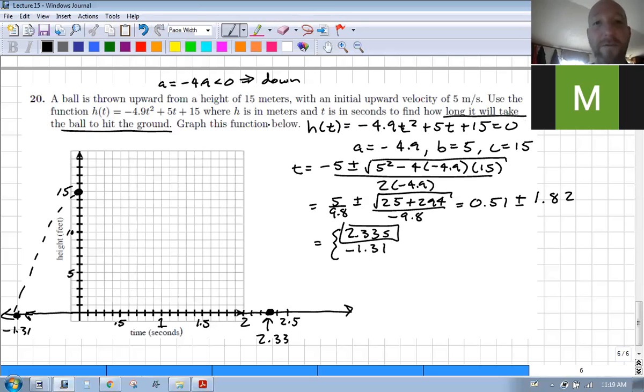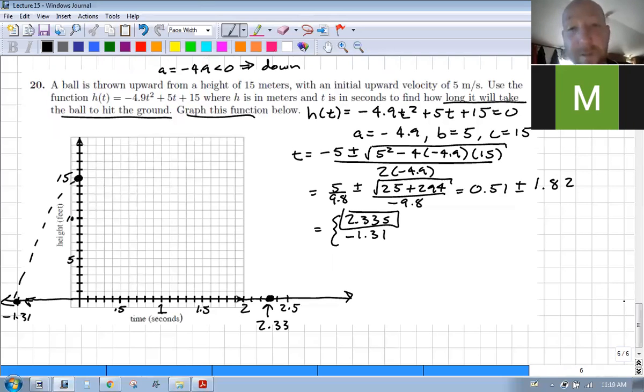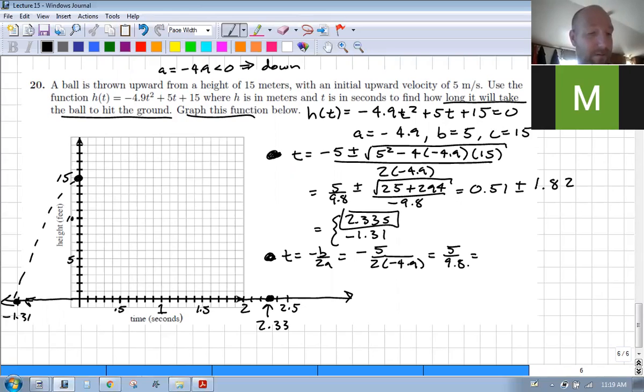But they want us to graph the function as well. So in order to graph this guy, let's find the vertex. So for the axis of symmetry, we got a negative b over 2a. Negative 5 over 2 times a negative 4.9, which is 5 over 9.8. 5 divided by 9.8 is 0.51 seconds.